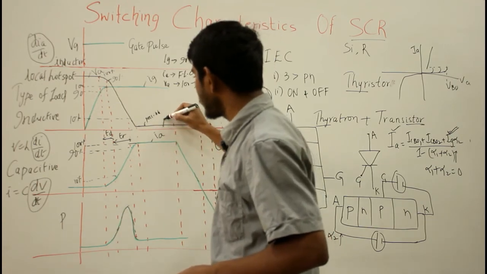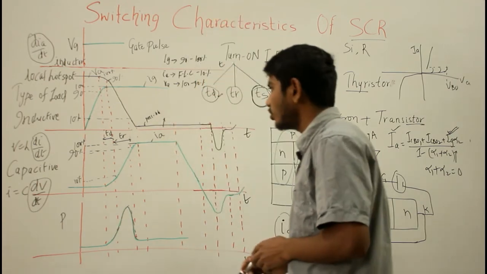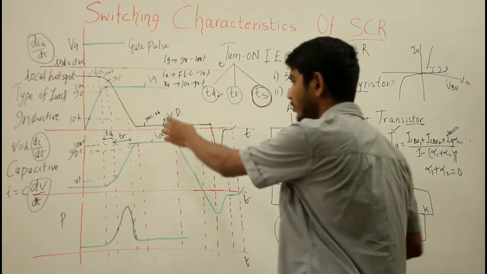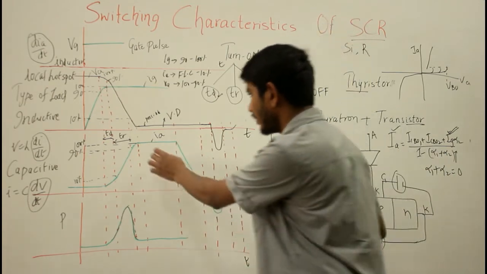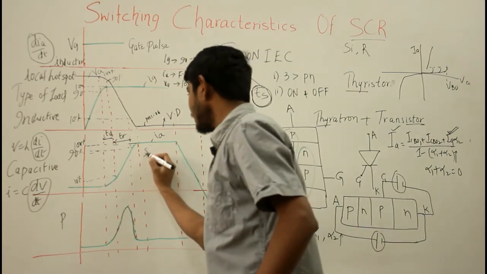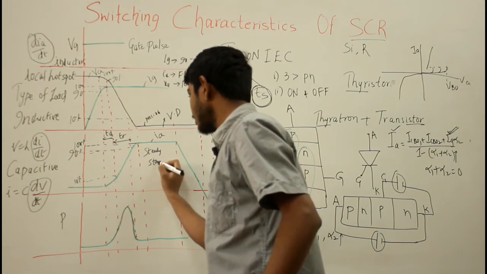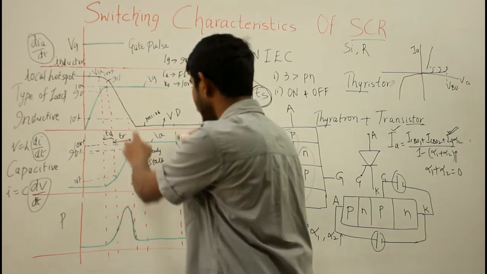This area also represents the on-state voltage drop of your SCR, and here you will be seeing the steady state operation.